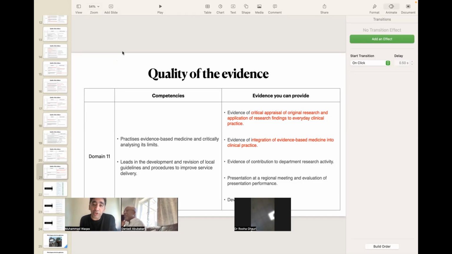That's why I'm stressing those pieces of evidence: when I tell you something is a very good piece of evidence, I'm telling you from my experience and the feedback I received from the college and the GMC.